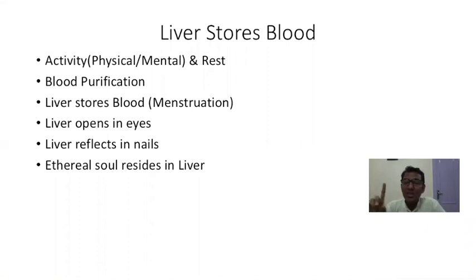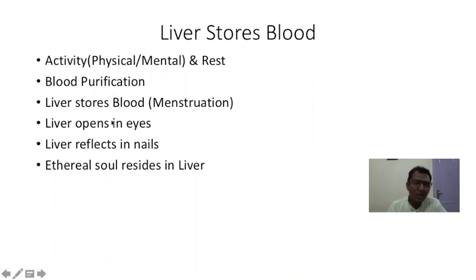So this unfinished blood goes into the liver, and the liver processes it and sends it to the whole body, so that the juices get converted into blood. Any toxins which have to be broken down are also handled by the liver.